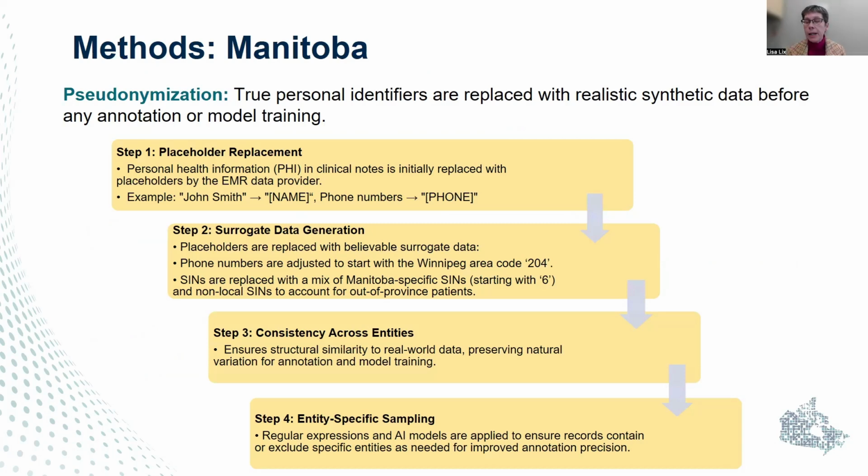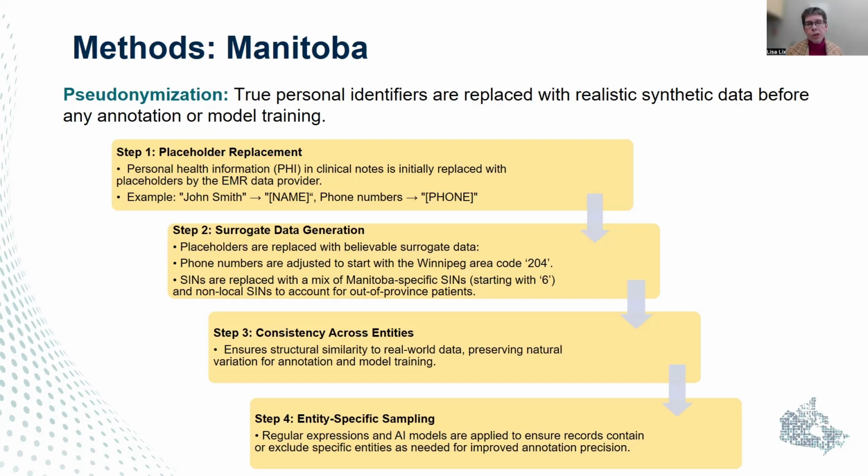And before we do any annotation, that is labeling of the data, or any of the model training that we're going to do with our masking tool. So identifying where there is personal identifiable information within the electronic medical records, and then doing a placeholder replacement, ensuring that there is consistency in the process is a part of that.